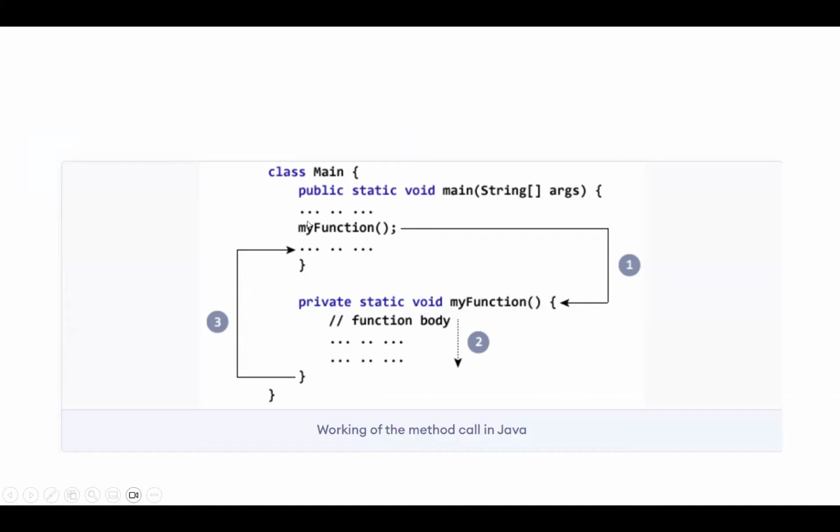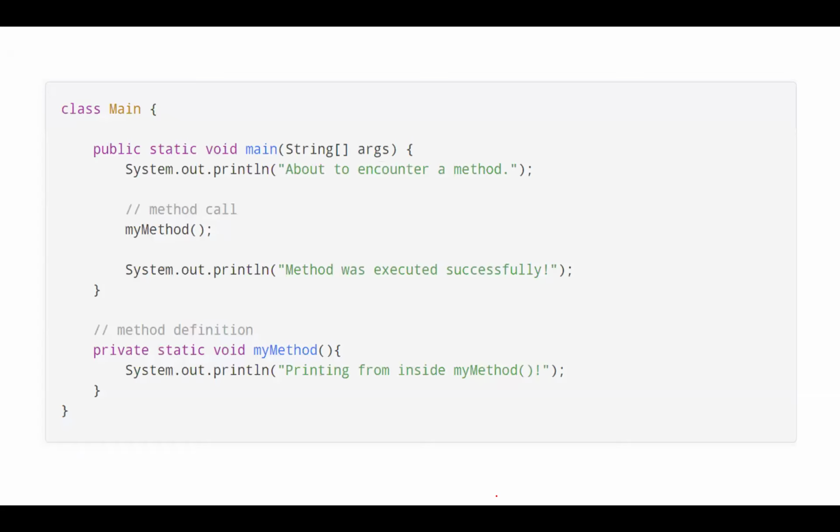As soon as you call my function, it will go to private static void my function. And as soon as it does all the steps which are written inside my function, it will come back to the next specific line. So that is how a method functionality generally happens.